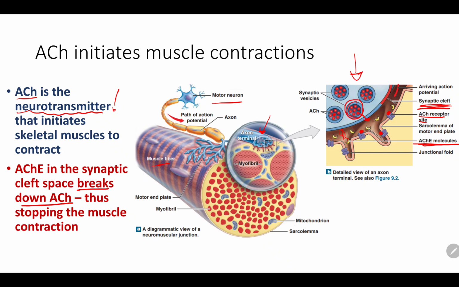So in order to start a muscle to contract, we have to release acetylcholine, that neurotransmitter. In order to stop a muscle from contracting, we need acetylcholine esterase, right? And that's going to break down the acetylcholine that's stopping the muscle contraction.